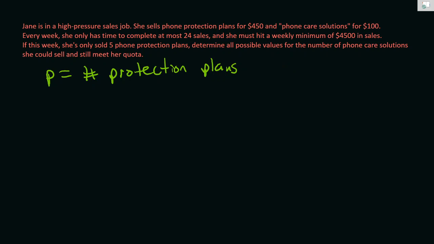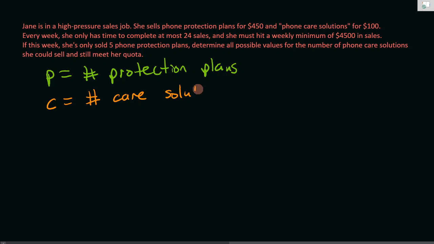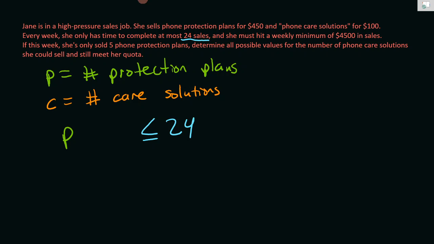And phone care solutions, let's make that C, is number of care solutions. One thing we have here is that she can do at most 24 sales. So at most means less than or equal to 24. And her sales are either going to be protection plans or phone care solutions. So that's P plus C.